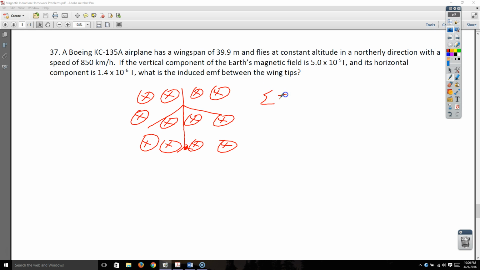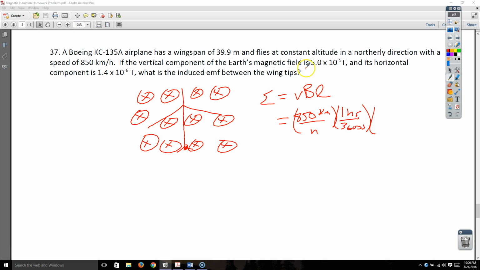So here the induced EMF should be equal to the velocity of the airplane times B times the length. Our velocity here is 850 kilometers per hour. We're going to need to convert that to meters per second, so we'll say this is 1 hour over 3,600 seconds.